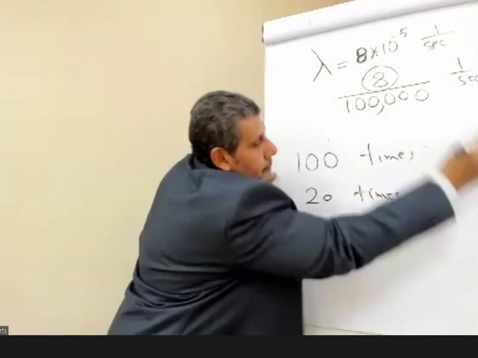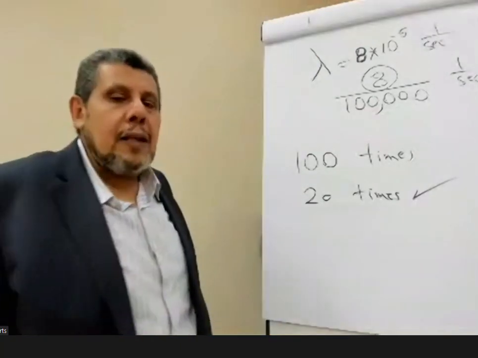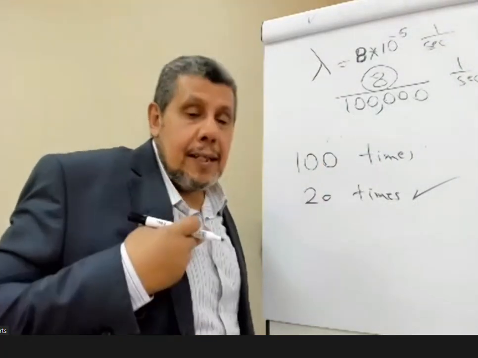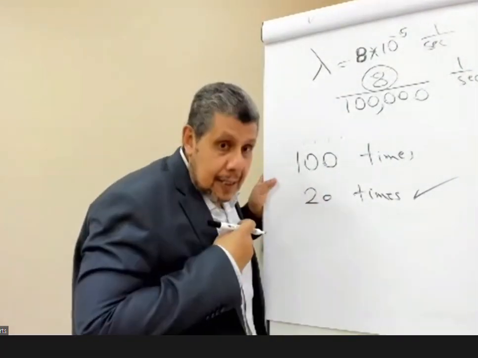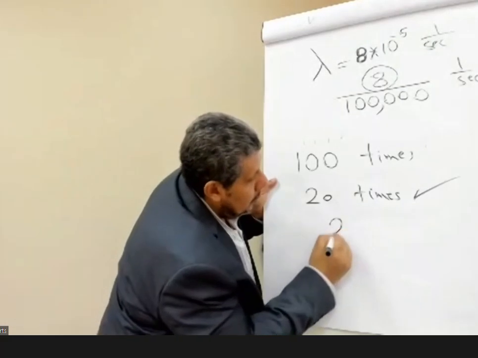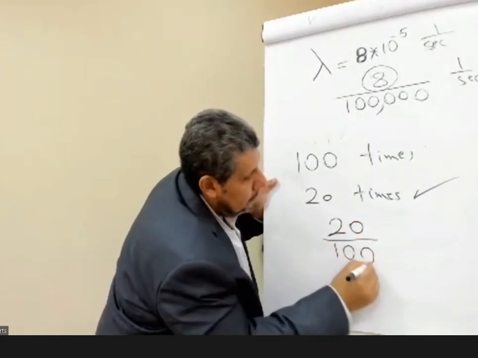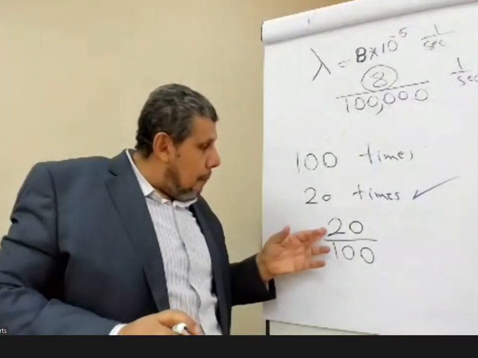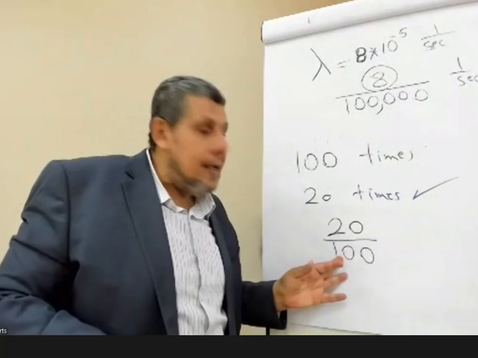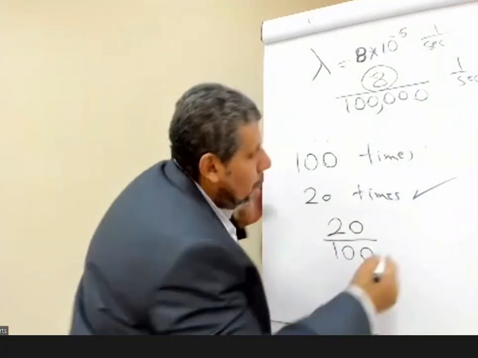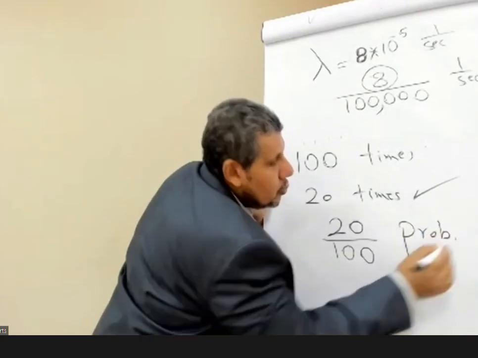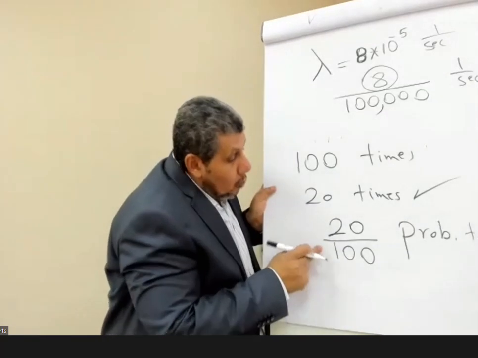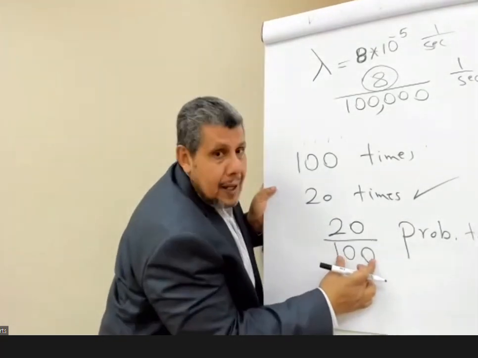I tried 100, succeeded 20. I can say the probability of success is 20 over 100. The probability of success is the number of times I succeed divided by the 100 trials. This is my probability to succeed.